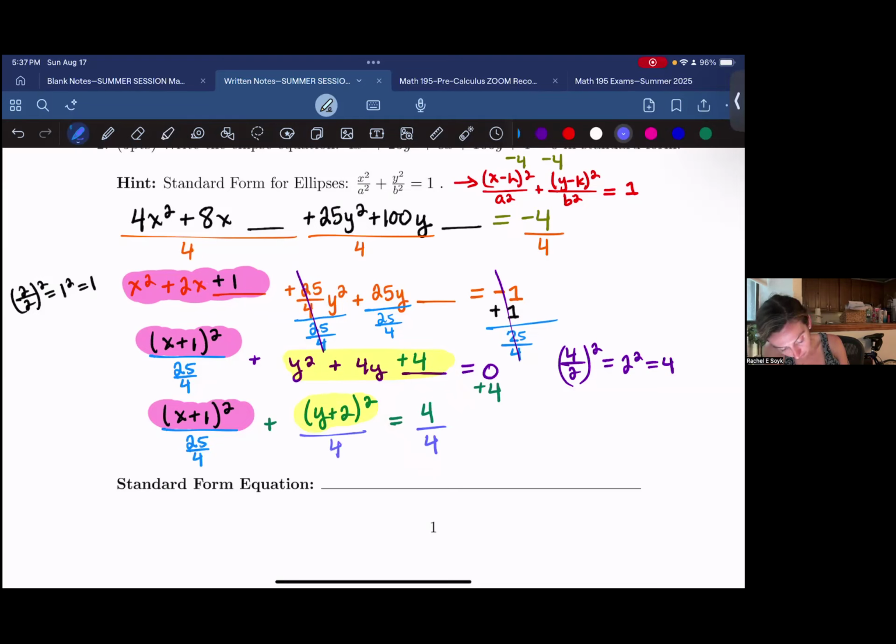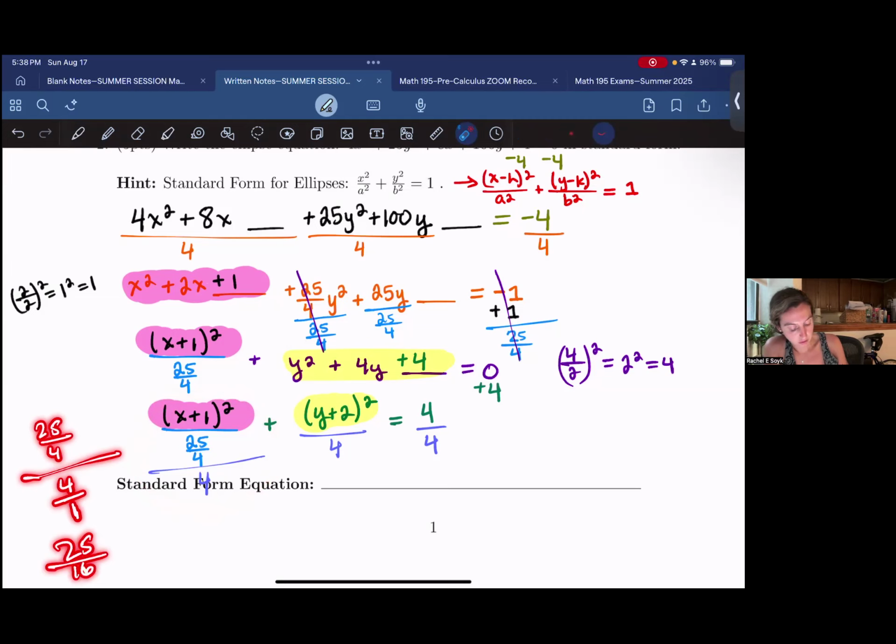And when we do that, you'll notice that this will look a lot cleaner. 25 over 4 divided by 4 is the same as divided by 4 over 1. And so, does it cancel out? No, it becomes 25 over 16.